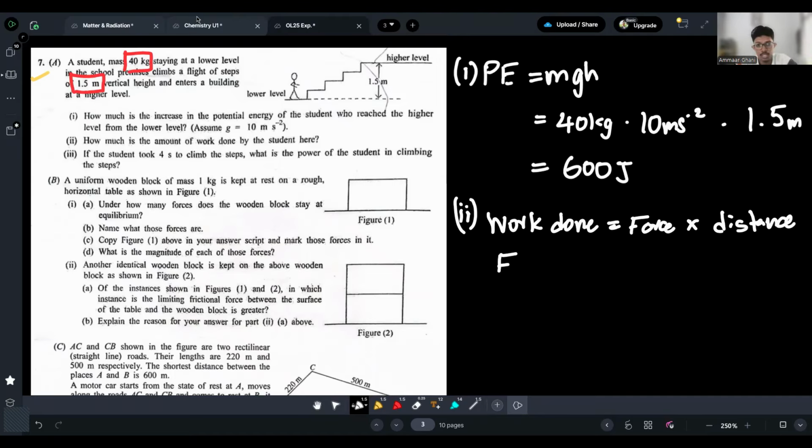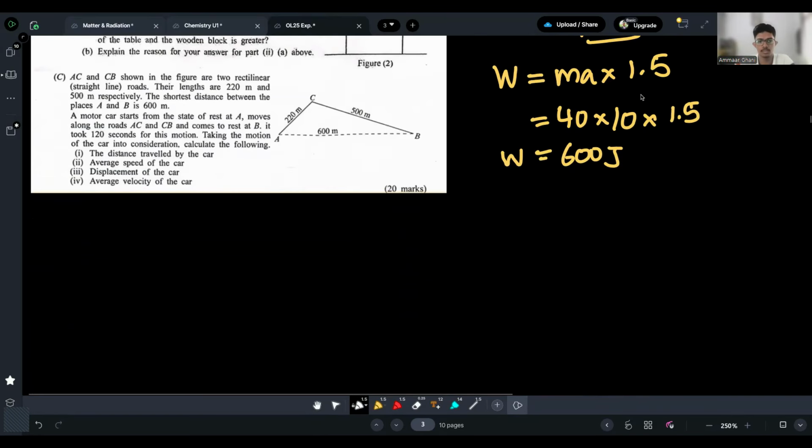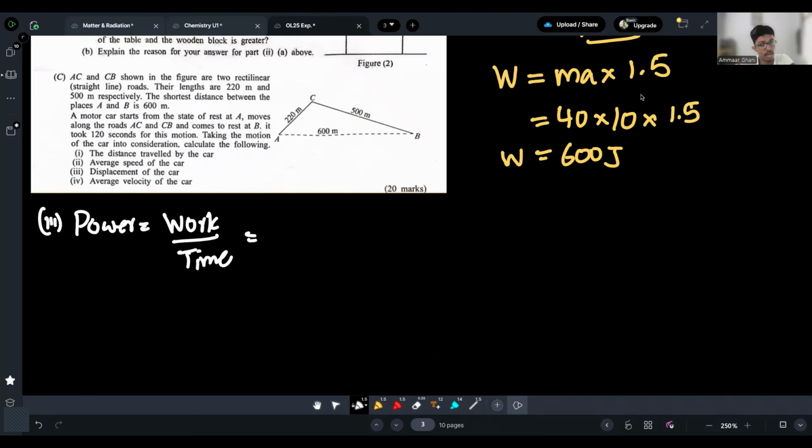In Roman number 3, it asks, if the student took 4 seconds to climb the steps, what is the power of the student in climbing the steps? Very simple question. We all know the power equation, which is power equals work over time. What is the work done here? 600 joules.